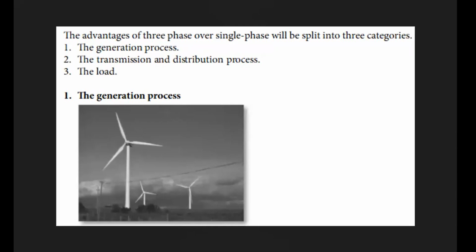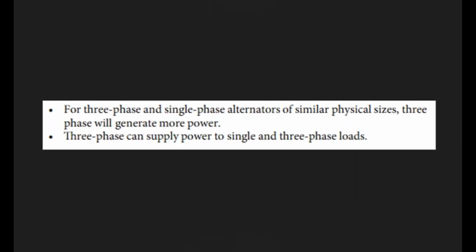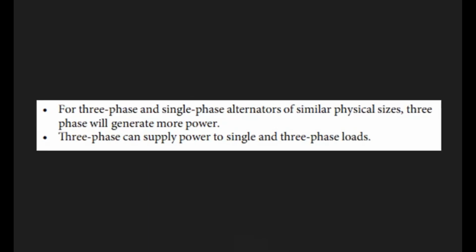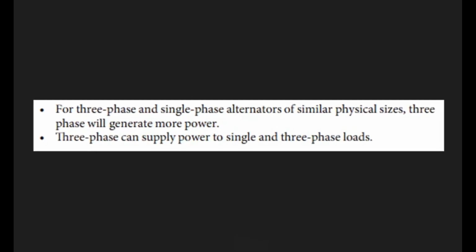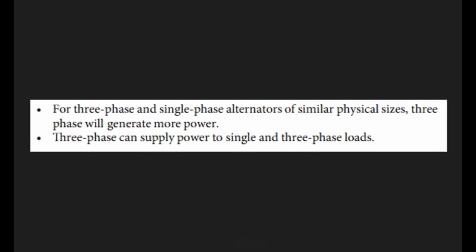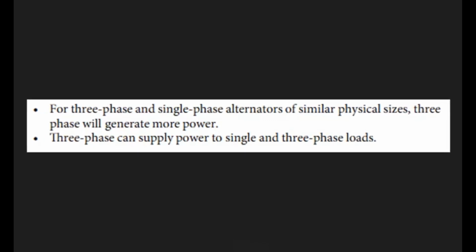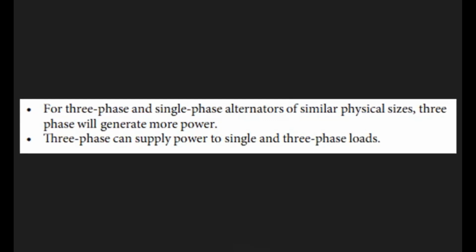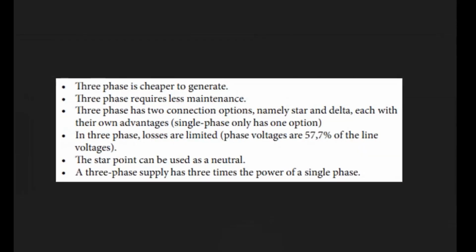We can see that power can be generated by a motion of turning. For three-phase and single-phase alternators or generators of similar physical sizes, three-phase will be able to generate far greater power. Three-phase can supply power to single and to three-phase households using a star system.